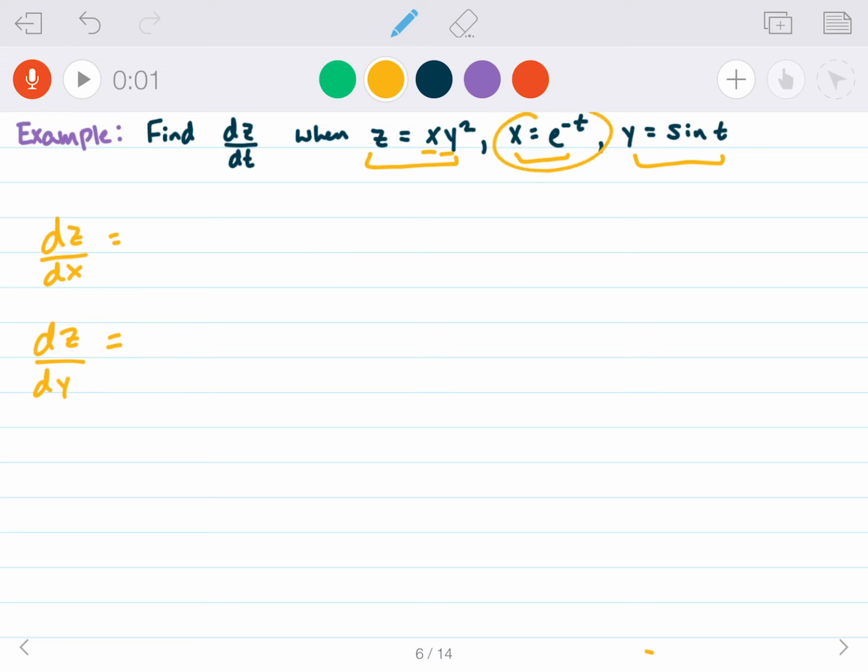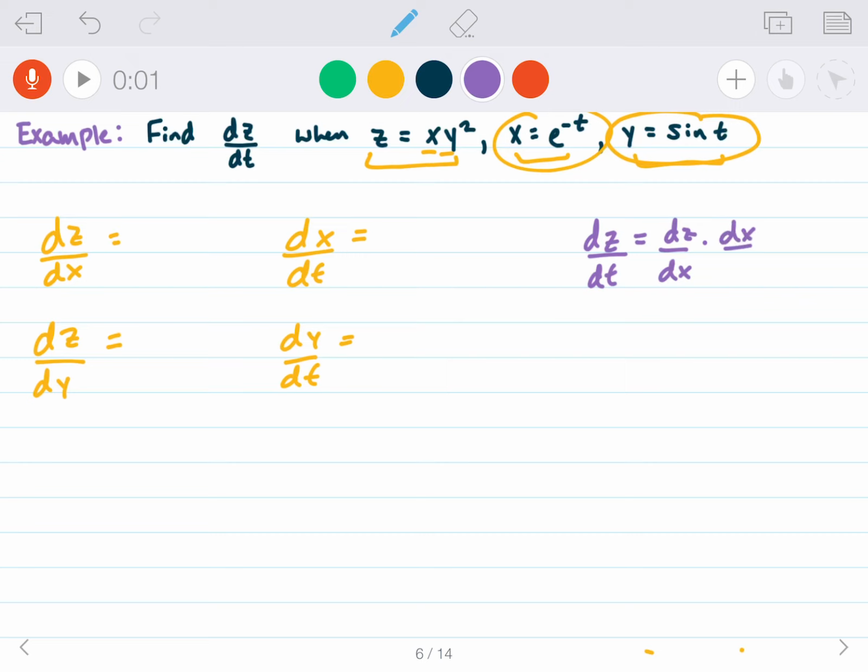I can also find the derivative of x with respect to time, dx/dt, and the derivative of y with respect to time. Putting all of this together, we have our formula: dz/dt is equal to dz/dx times dx/dt plus dz/dy times dy/dt.